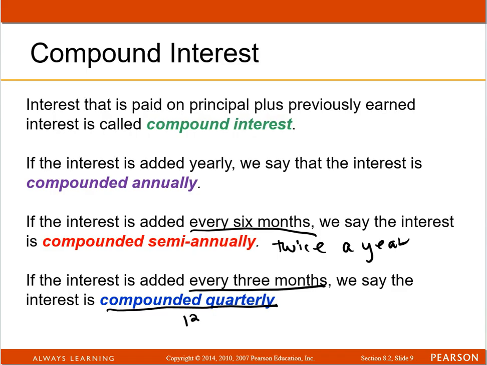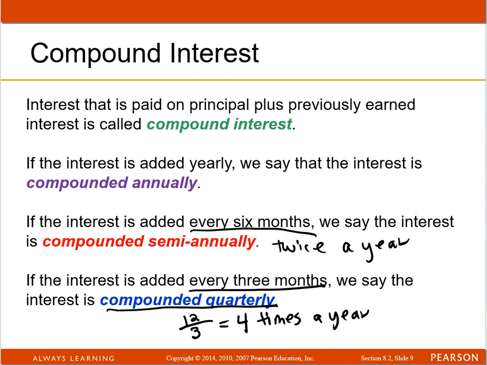But if you take, there's 12 months in a year, every 3 months means it's going to be done 4 times a year. And if you think about the word quarterly, like a quarter, there's 4 quarters in a dollar. There's 4 quarters in a football game. Okay, it's 4 times a year. If they say monthly, that's 12 times a year. If they say daily, 365 times a year.